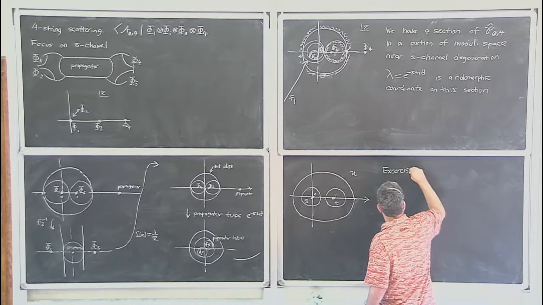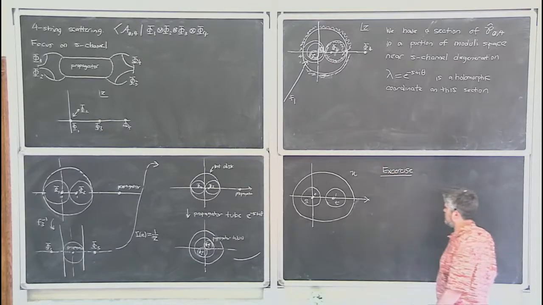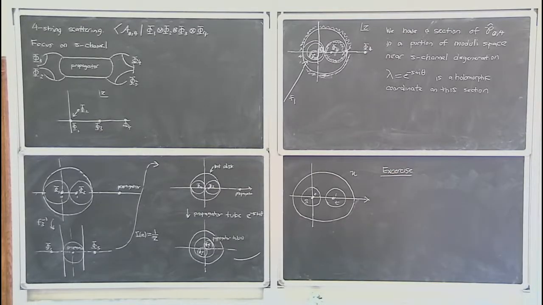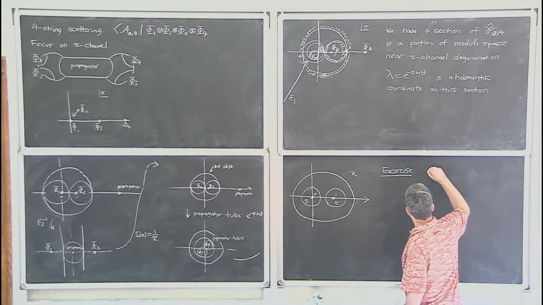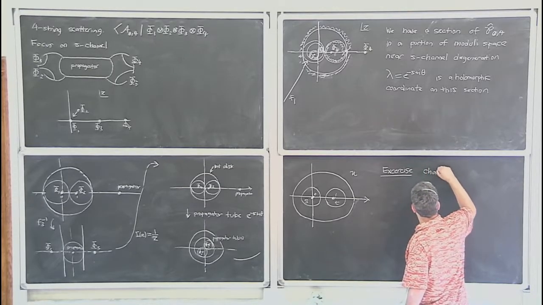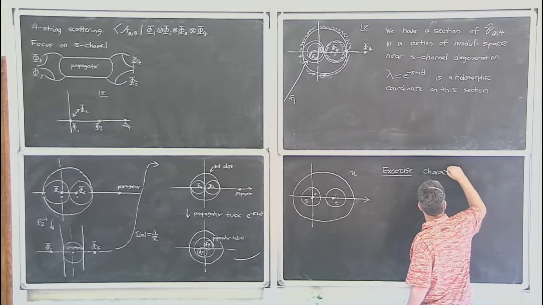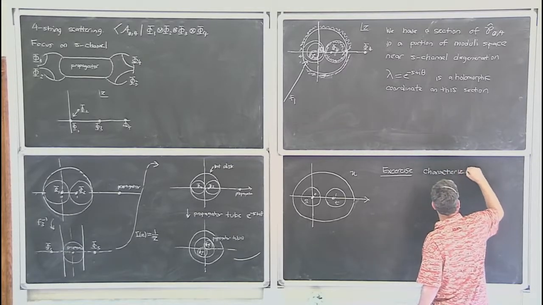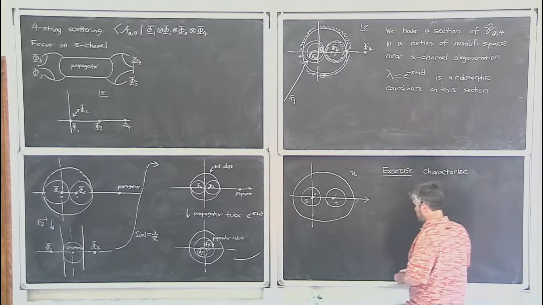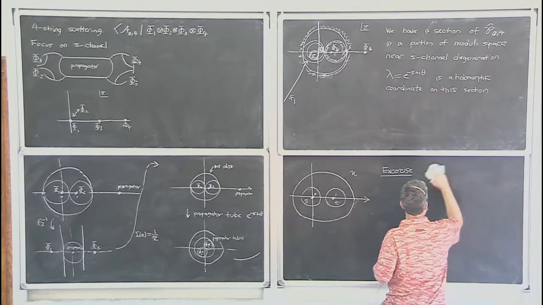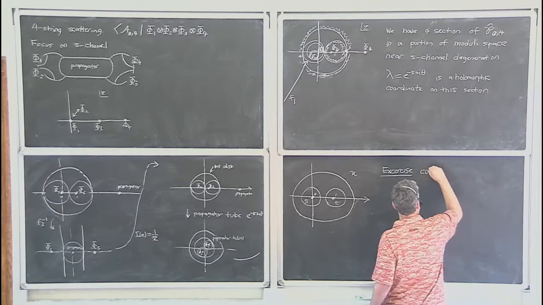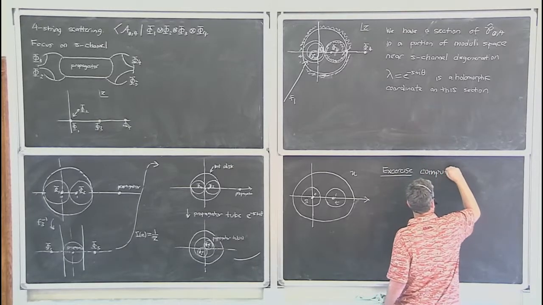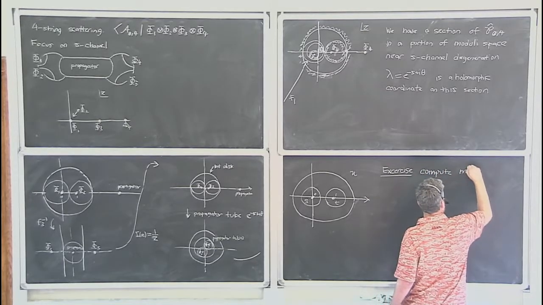Yet another exercise for people who finished the last one: really, I don't want you to just talk about it, I want you to compute it. Compute the missing region.